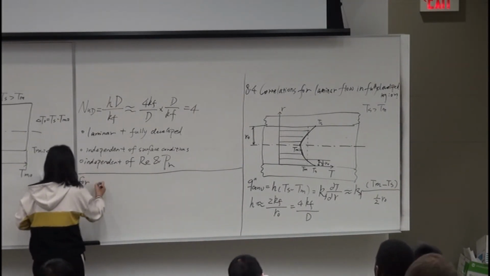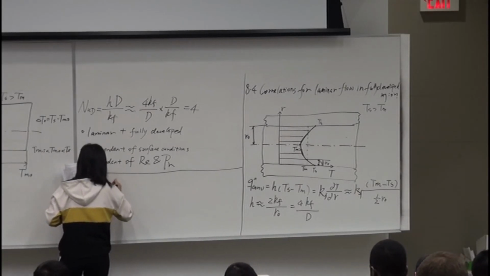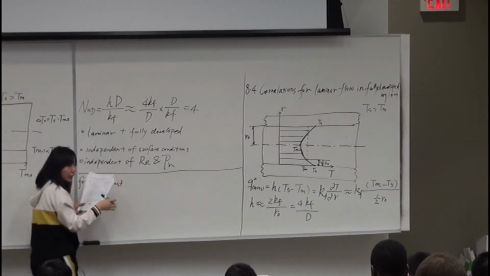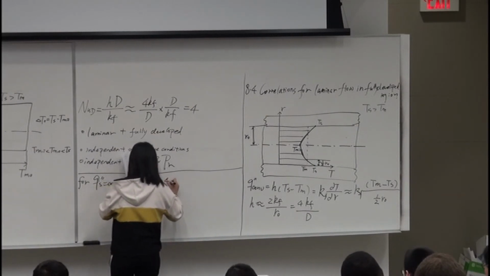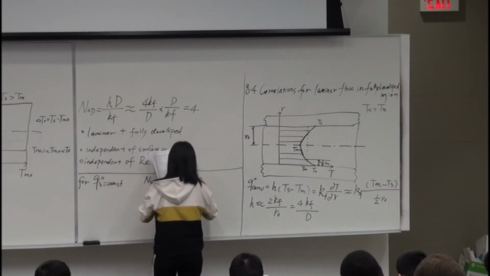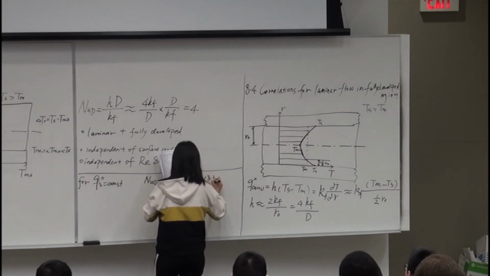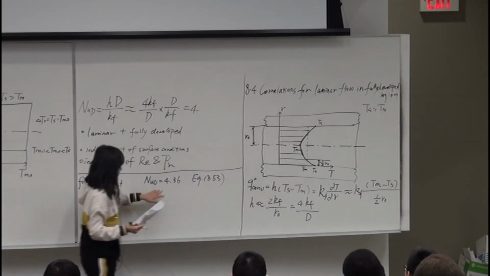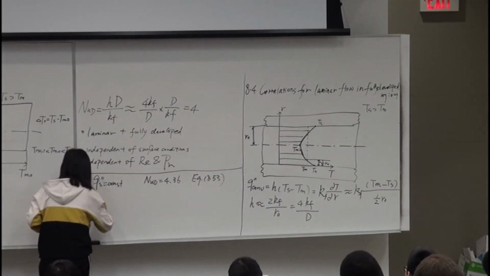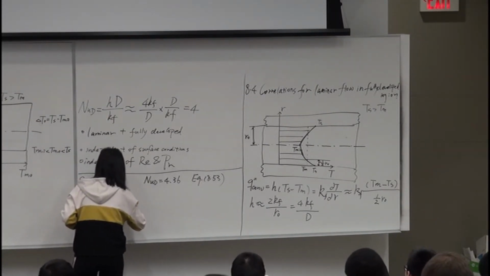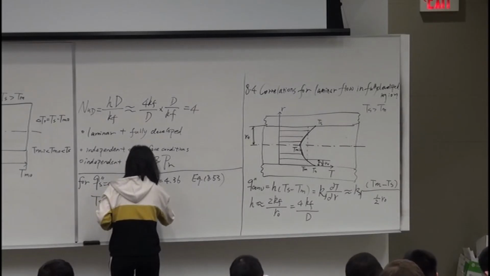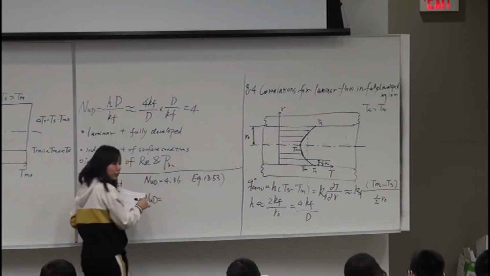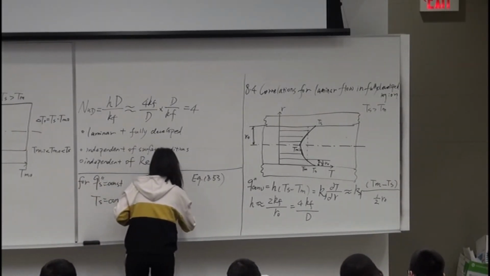For constant heat flux, the book gives us an exact Nusselt number of 4.36 in the fully developed region. And for constant surface temperature, the book solved the differential equation again and ended up with a constant Nusselt number of 3.66.